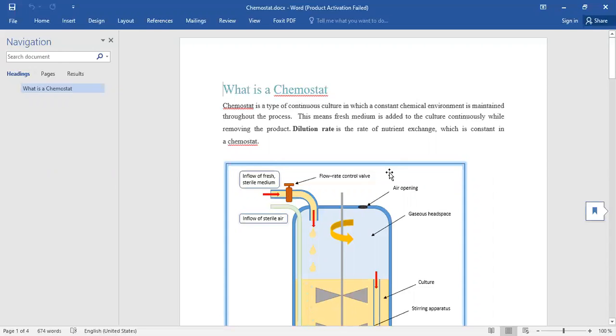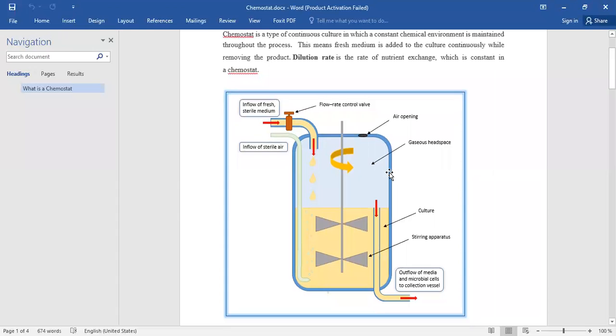A chemostat is a type of continuous culture in which a constant chemical environment is maintained in the process. For example, this is a vessel, or a fermenter, in which a particular environment is maintained for the fermentation process.